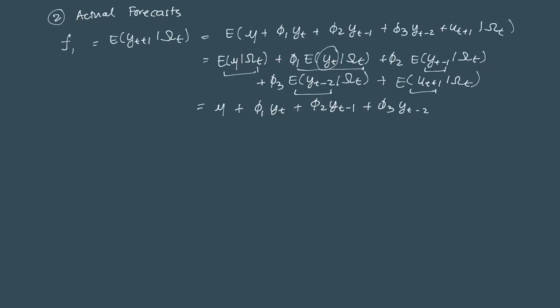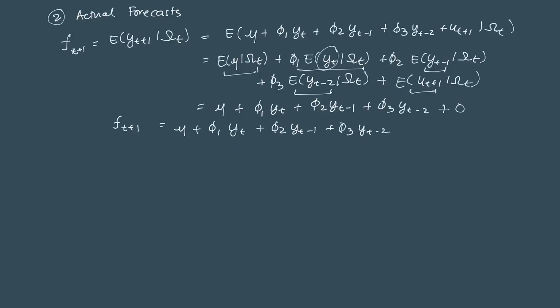And now, again, we assume that it was a white noise error term, so the mean of a white noise error term is just 0. So our first forecast, F_{t+1}, is equal to mu plus phi1 Y_t plus phi2 Y_{t-1} plus phi3 Y_{t-2}. And that's our forecast for 1 period ahead.